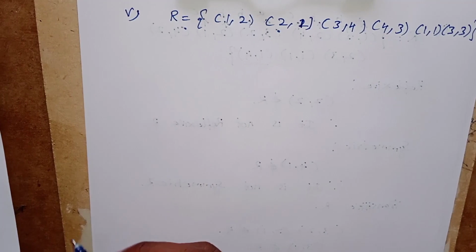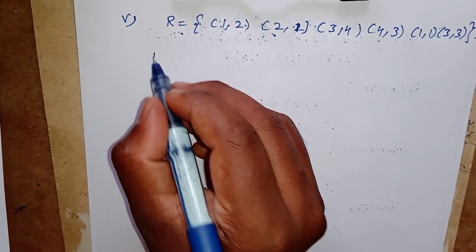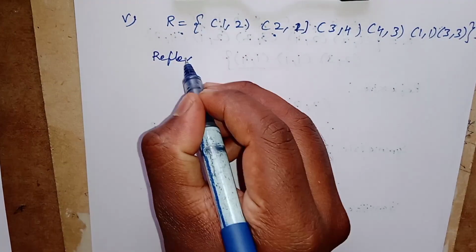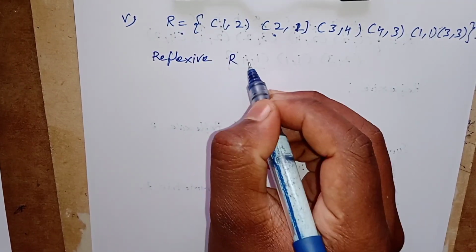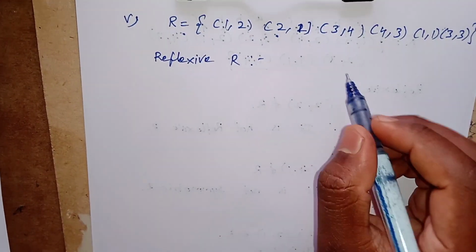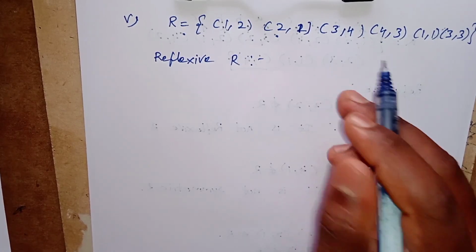Okay, now I am checking whether it is a reflexive relation or not. Here in set A 1 comma 2 comma 3 comma 4.